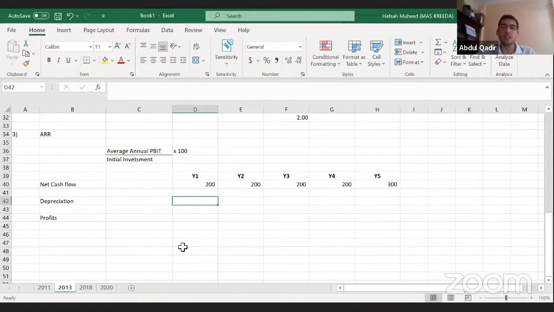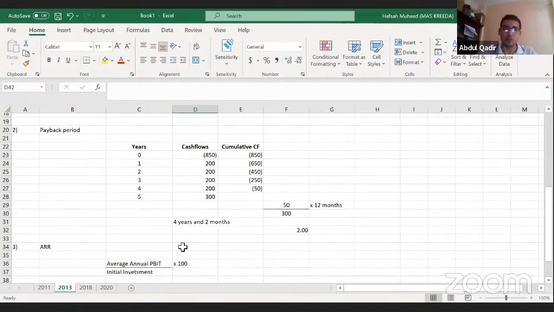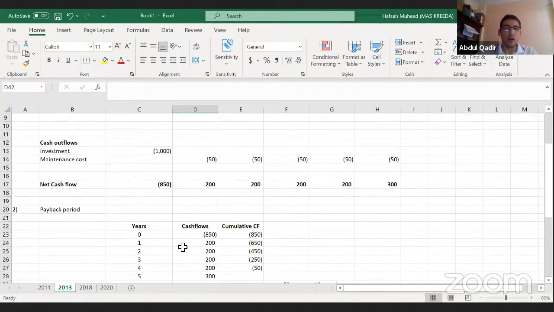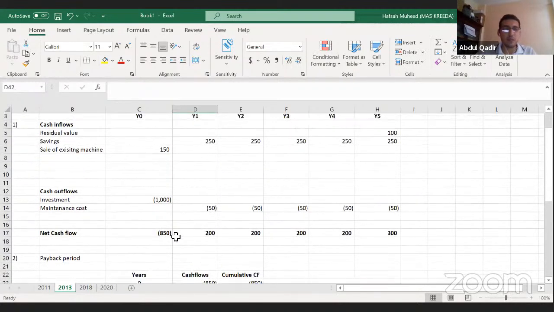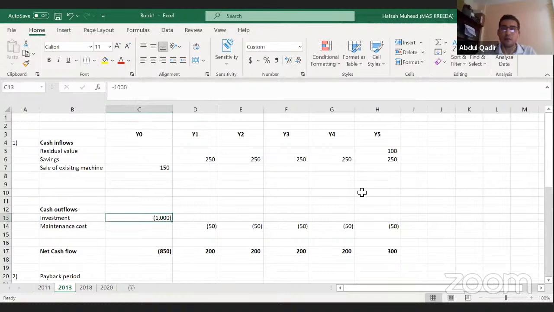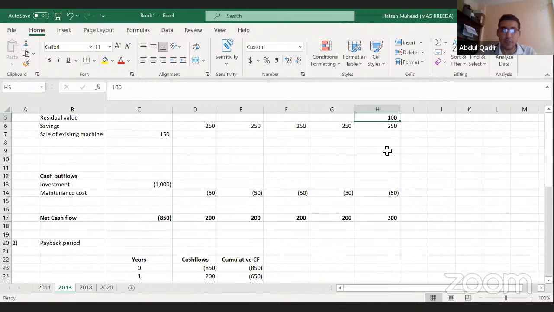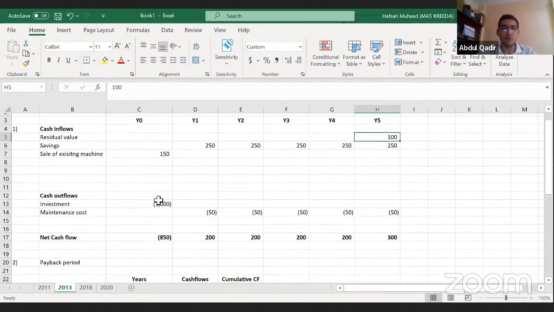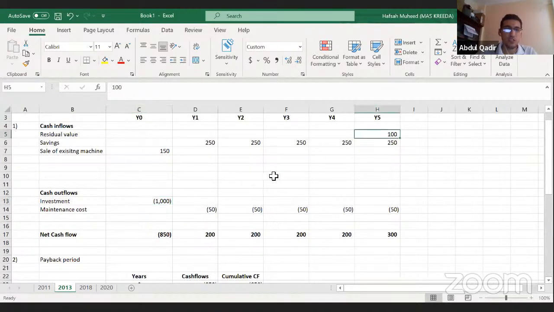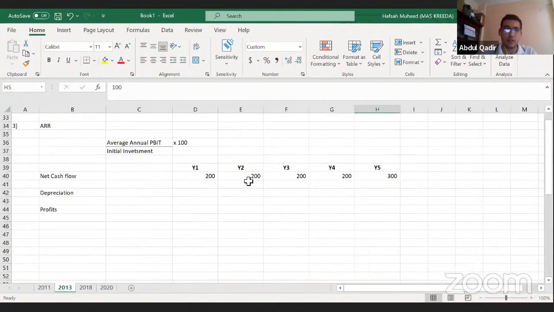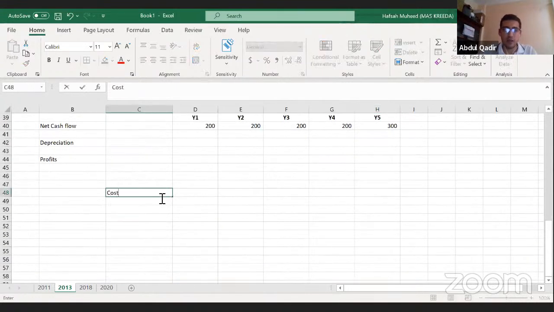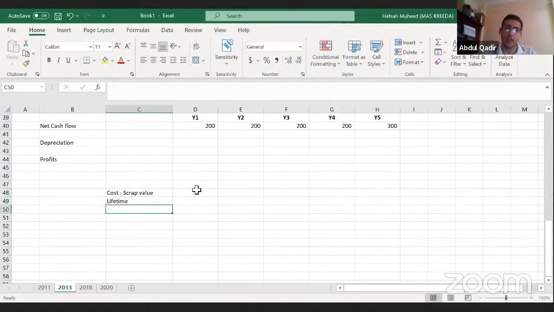How much is depreciation, right? Our investment is 1,000, and we have a scrap value of 100. So let's calculate depreciation here. Cost minus scrap value divided by the useful life.